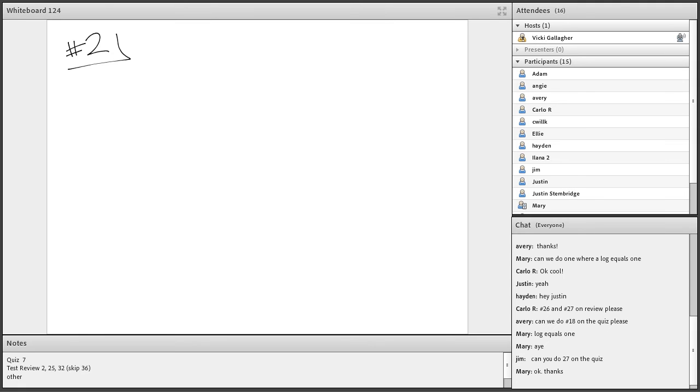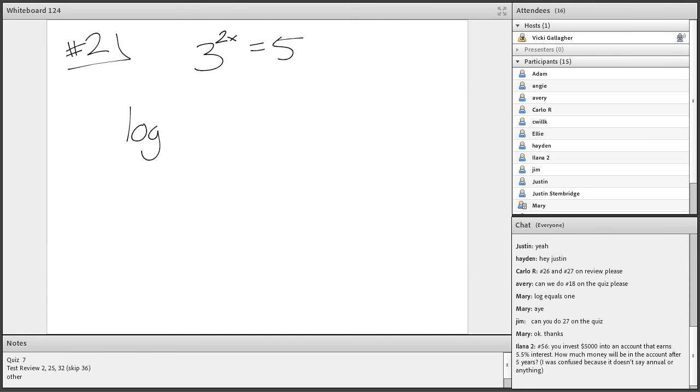So we had a question about number 2 on the review. And so this one is in exponential form, and we're going to change it to logarithmic form. And so you can do the wheel for that as well. This time, though, instead of getting rid of the word log, we're going to put in a word log. So if there's not already a word log in the problem, you can put one in there.